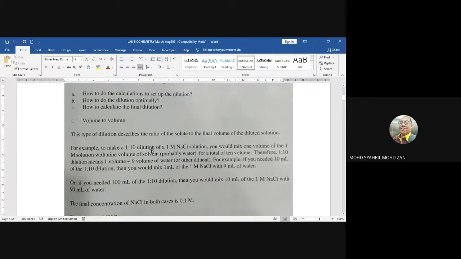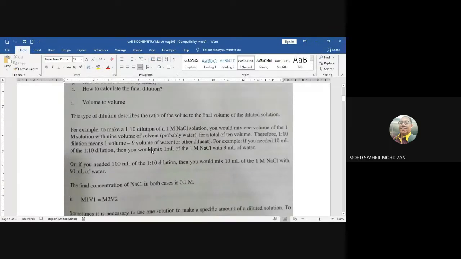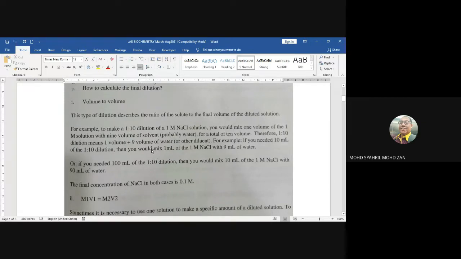So for this experiment, first of all, you have to learn about volume to volume. These types of dilution describe the ratio of the solute to the final volume of the dilution solution. Okay, untuk kita jawab pertanyaan tentang volume to volume ni, we have one example. Okay, you have to make about a 1 to 10 dilution of a 1 molar sodium chloride solution.